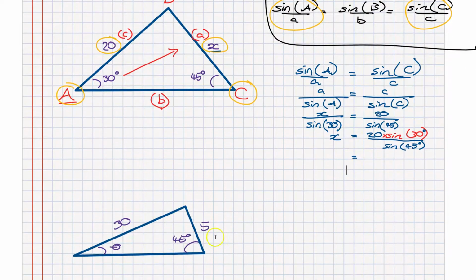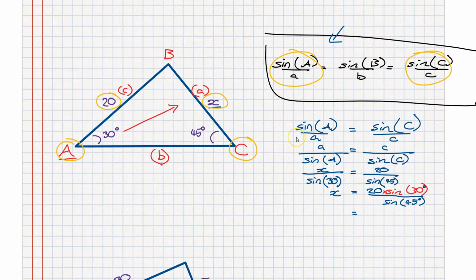Now if I put this in my calculator, it's going to give me the answer. So putting this in the calculator, we find that x is equal to 14.144. So our side length x is 14.144. Now to verify that that solution is correct, I'm going to look at this angle here, which is 30 degrees, and this angle over here, 45 degrees. The opposite side is a length of 20.